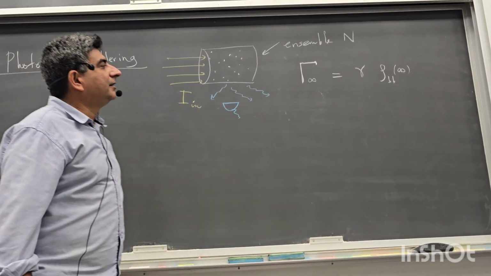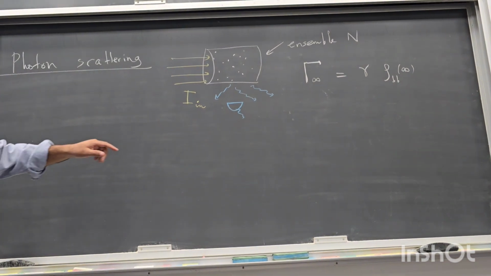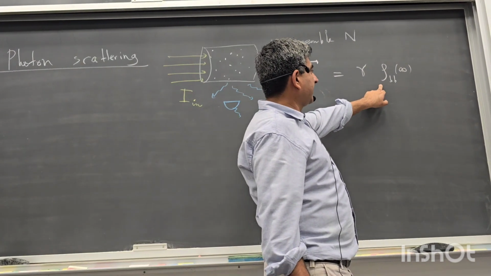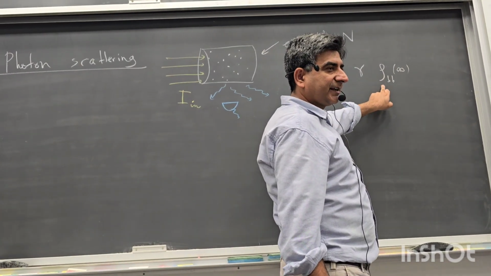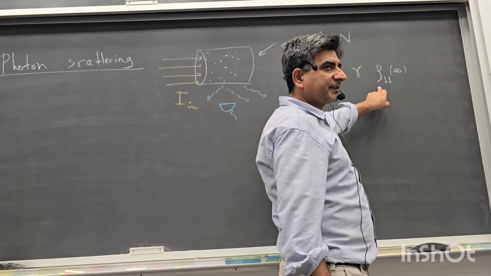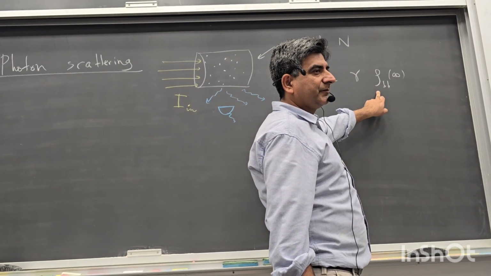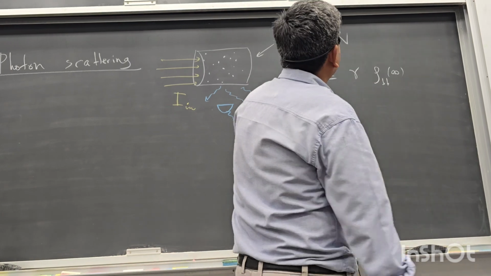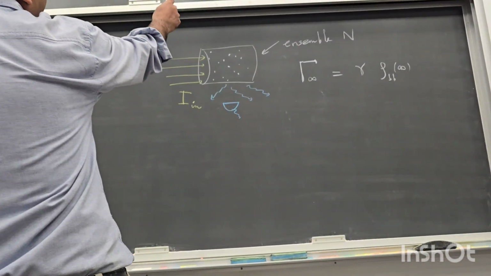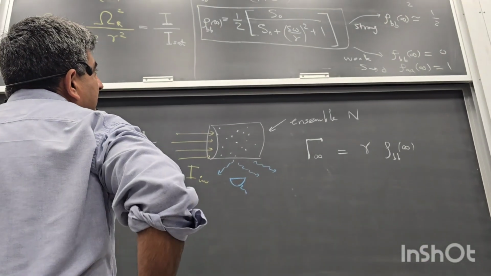Correct? So now we already have a formula for the saturation excitation, rho BB. This is excited state probabilities. The population is in excited state. Rho BB is given by the formula that we have over there, right?